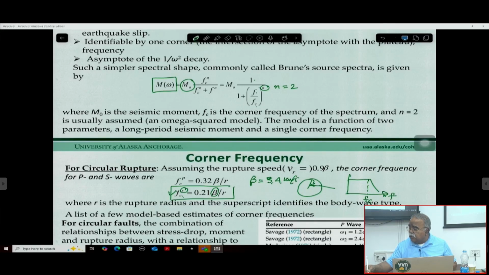Then you can calculate how much the radius of rupture is, and that will be equal to 0.21 into the velocity beta, divided by fc. So if you know that, you can calculate the radius of rupture.